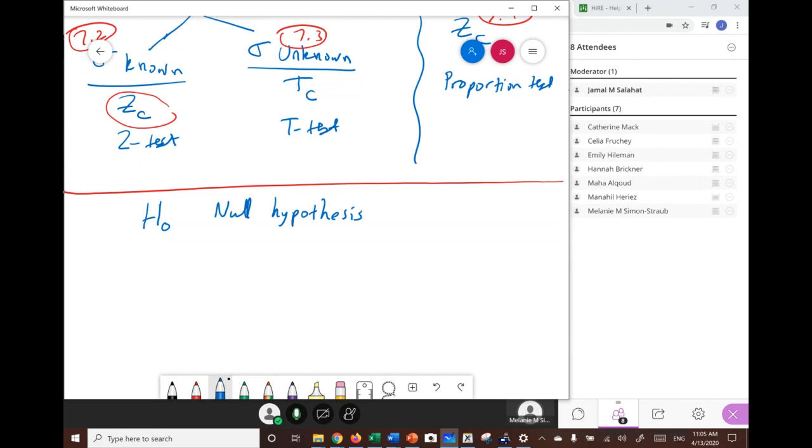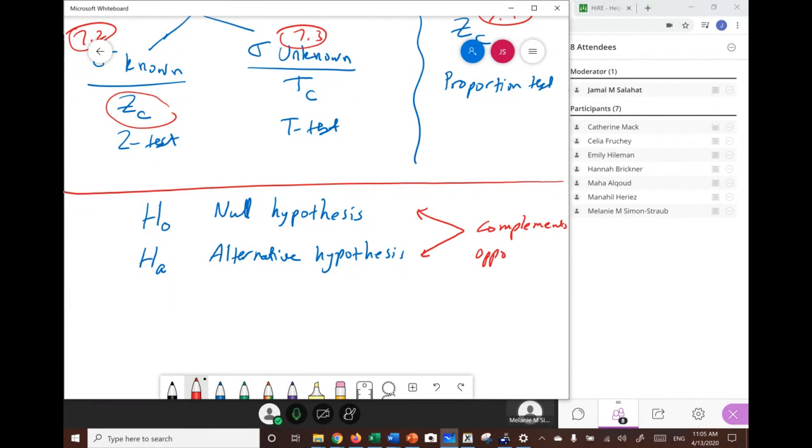And there is another statement that is called H-A, and that is called the alternative hypothesis. Now, notice that, like in court, those two statements are what we call in math complements. Another term for complements is opposites.